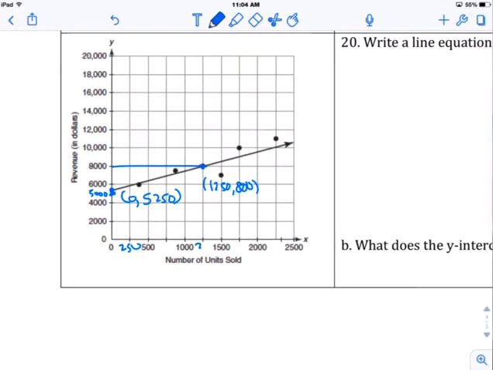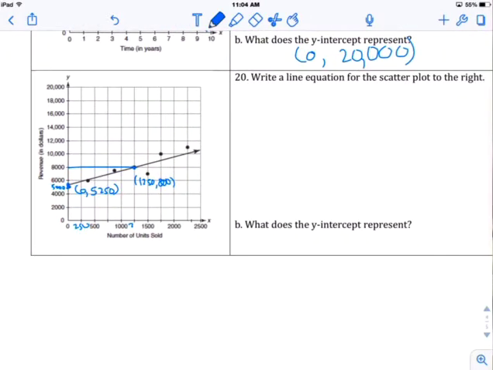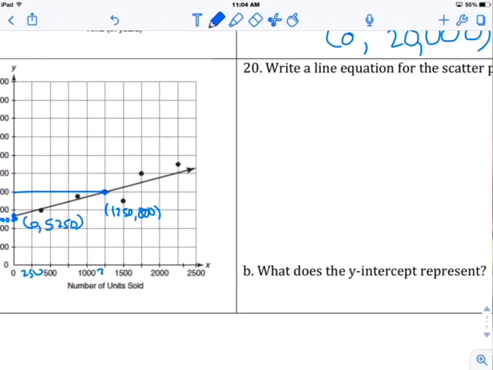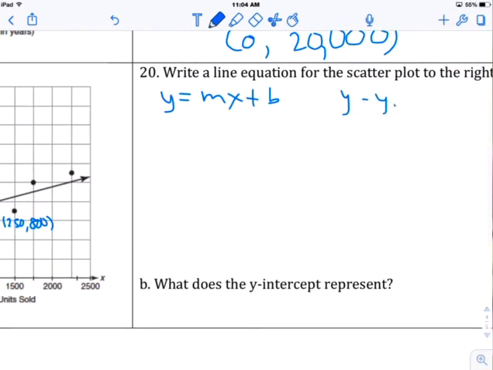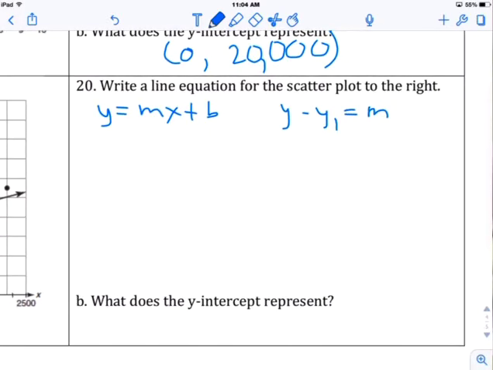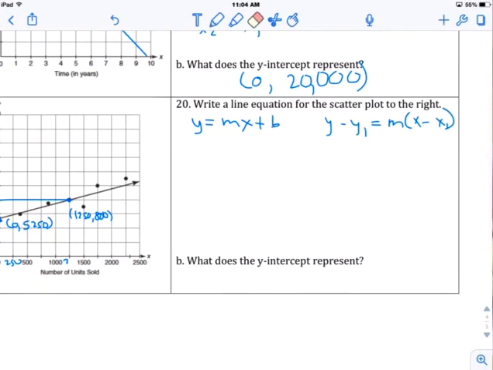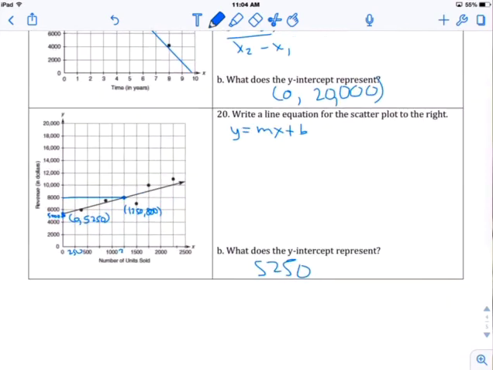Find the slope and then write it in, because you have the y-intercept, slope-intercept form. You don't have to do y minus y1 equals m parentheses x minus x1. You only do that if there's no y-intercept. In this case, there is. The y-intercept is 5,250. That's the y-intercept, okay?